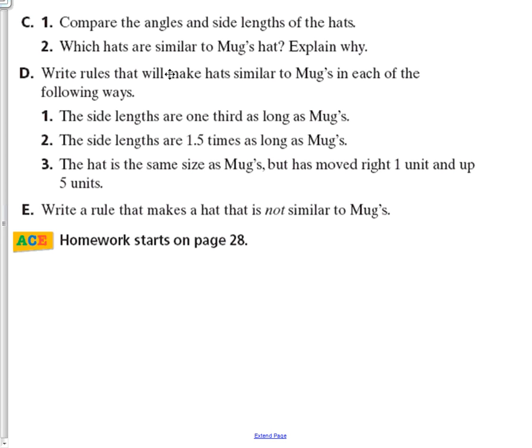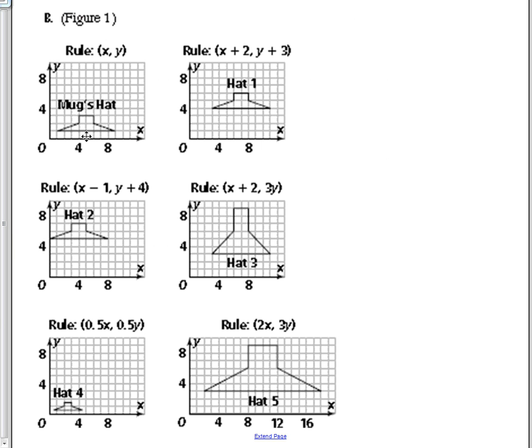All right, compare the angles and side lengths of the hats. Well, compared to Mug's hat, all the angles and the sides are the same for hat 1, hat 2, and Mug's hat. For hat 3, this side length is the same. This side length is the same.